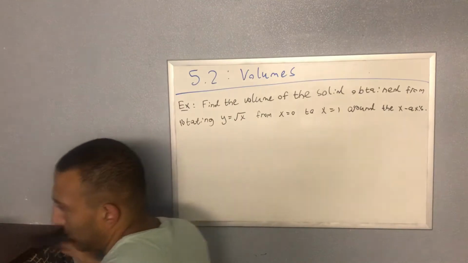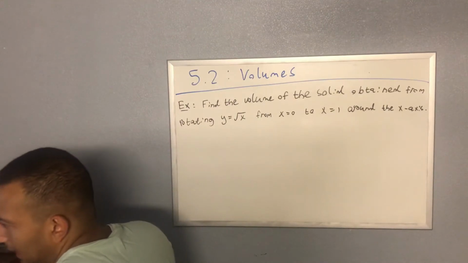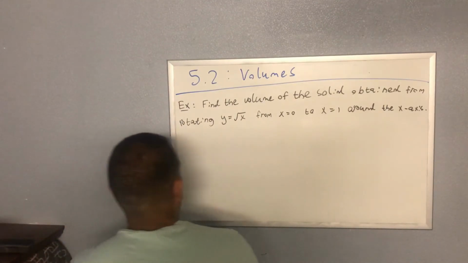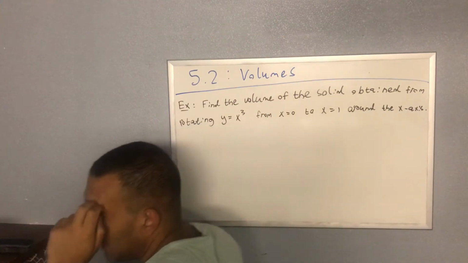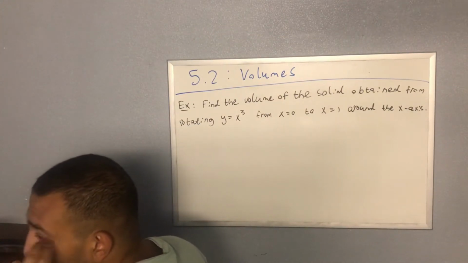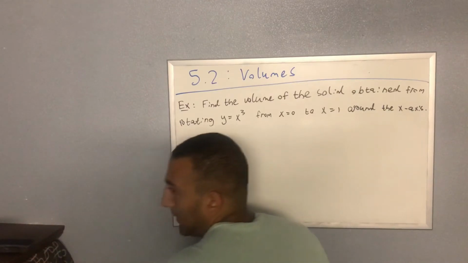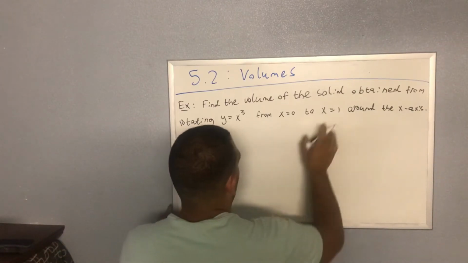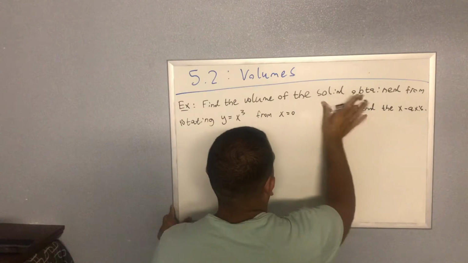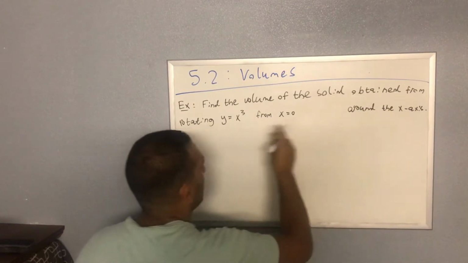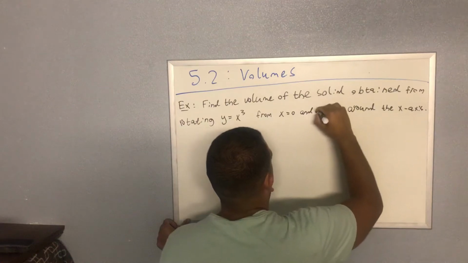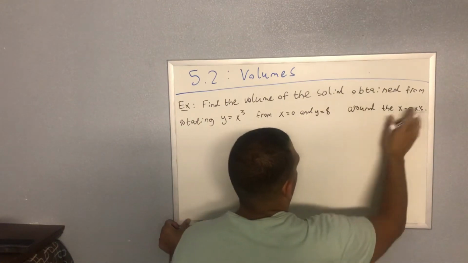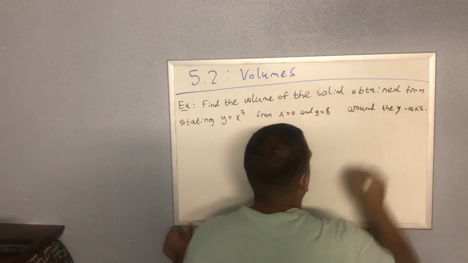So now we're going to rotate x cubed from x equals 0 and find the volume of the solid, and y equals 8, around now the y-axis.